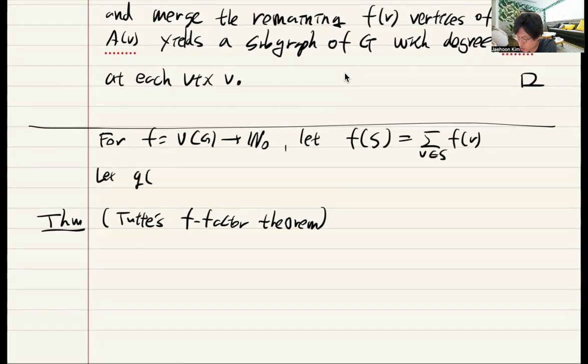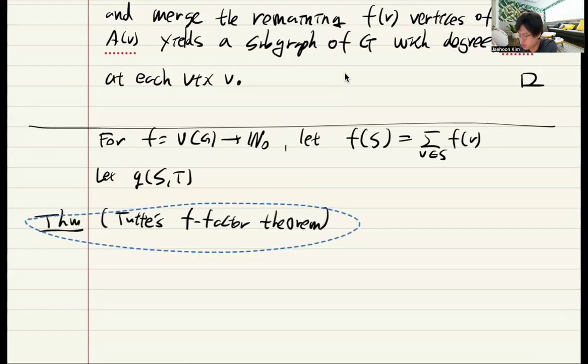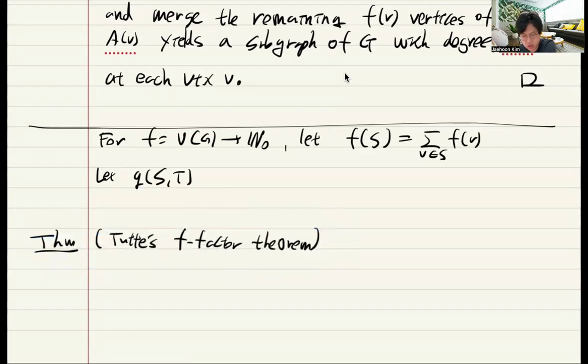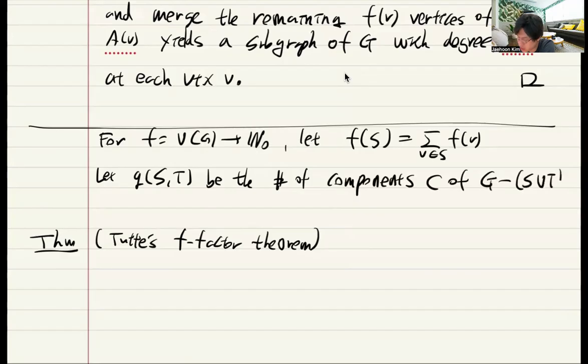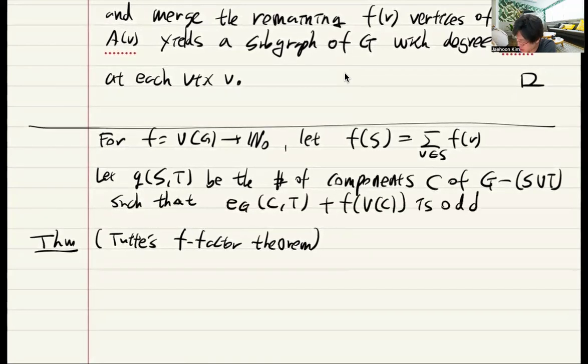And then also let q of S and T, for two disjoint vertex sets S and T, denote the number of components C of G minus S union T which satisfy the following: the number of edges between C and T plus f of C is odd.